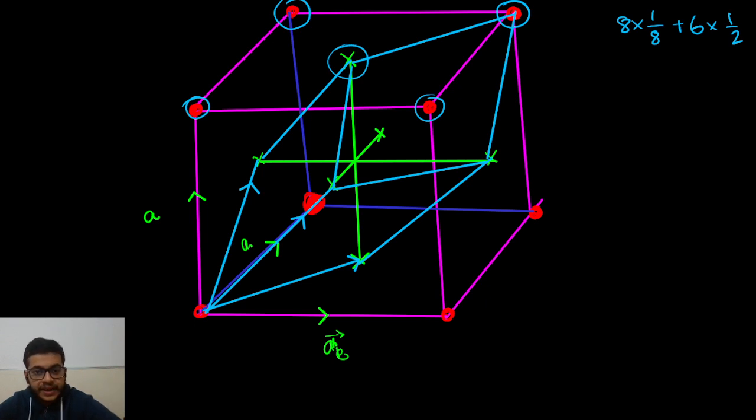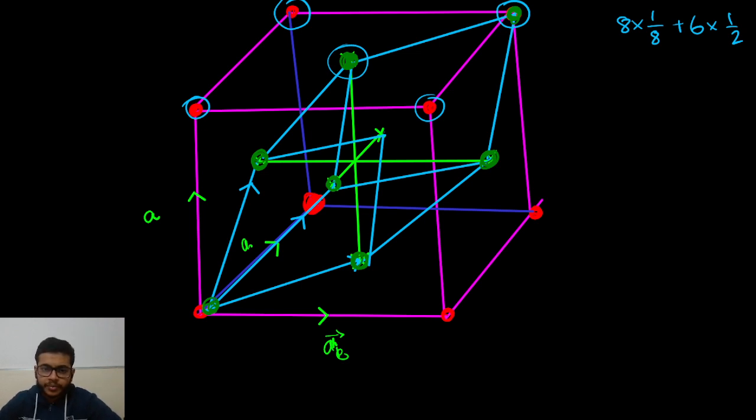Here we can see there are 8 sides and there are 8 points, one at every corner. So there is this point, this point, this point, and so on, and also another point, this one.